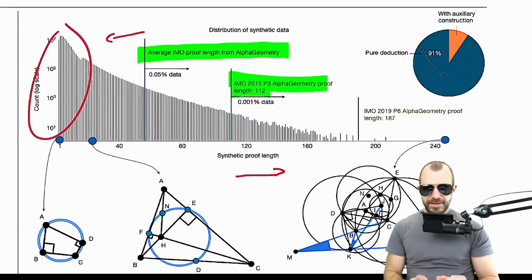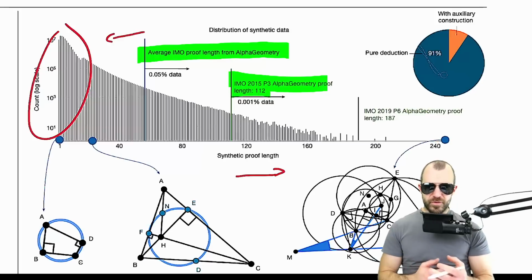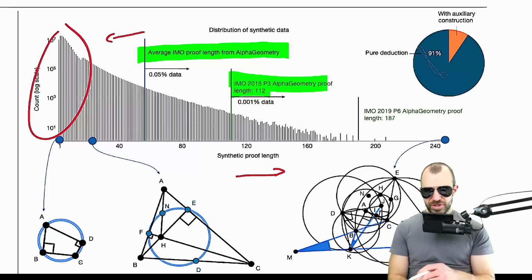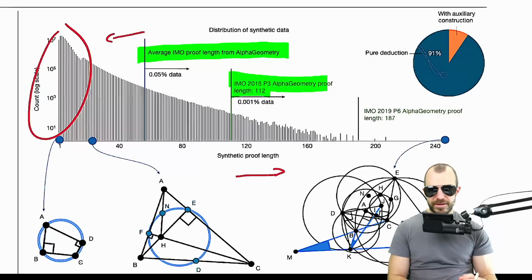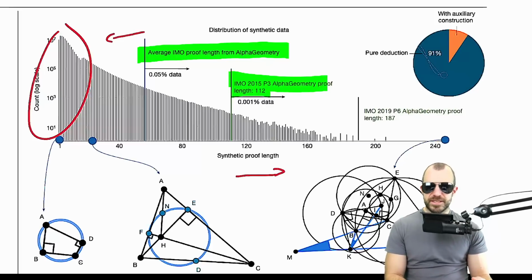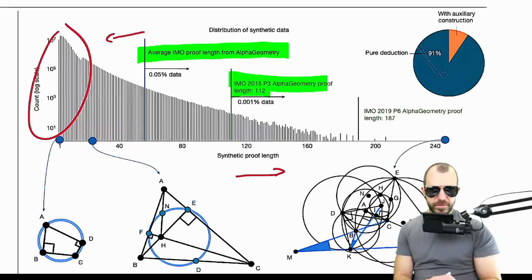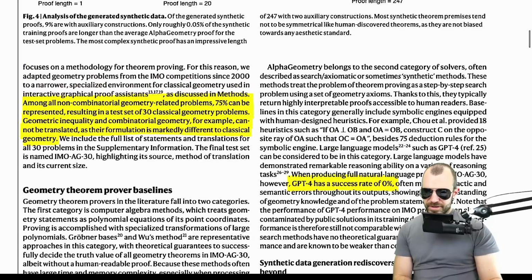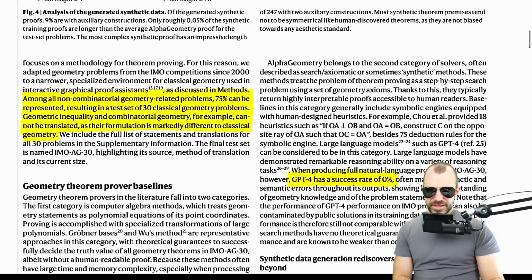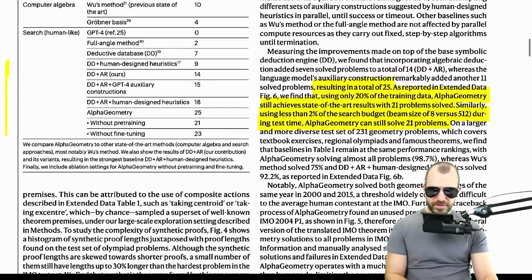Suffice to say, they do manage to cover the domain okay-ish, to the degree that the proofs they generate are at least sometimes as long or even longer than the proofs necessary to solve these Math Olympiad problems. I don't want to go too much into this. The notes are available to Patreons as always.